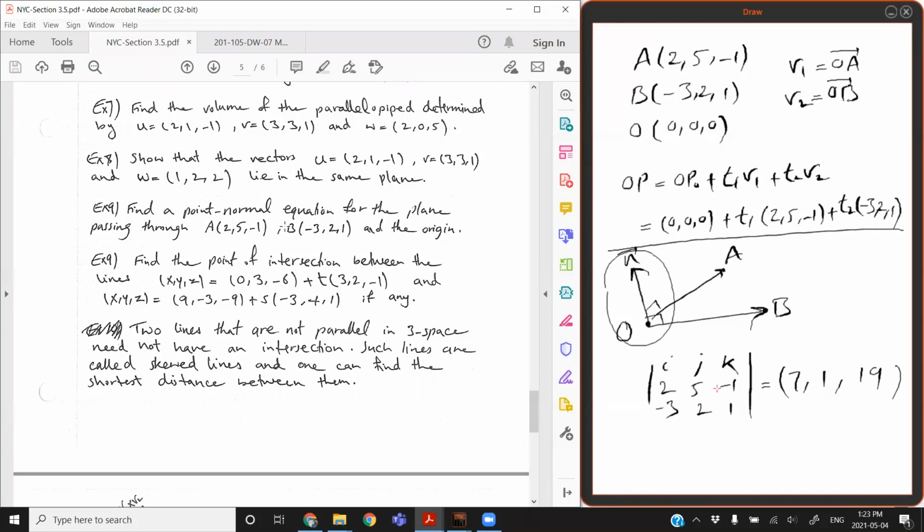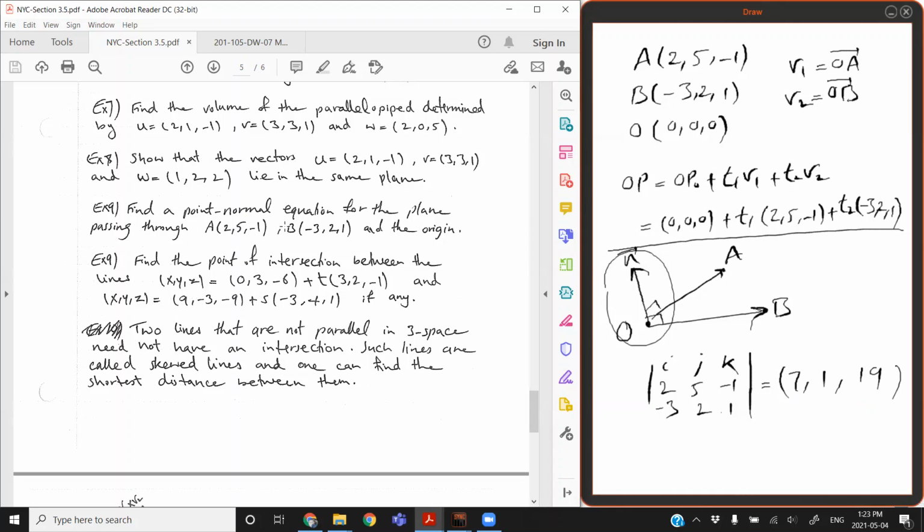Just double check everything. 5 plus 2, 7. 2 minus 3, minus 1. Minus 1 is plus 1. And then for the last cofactor, I have 4 minus 15, 4 plus 15, 19. Okay.